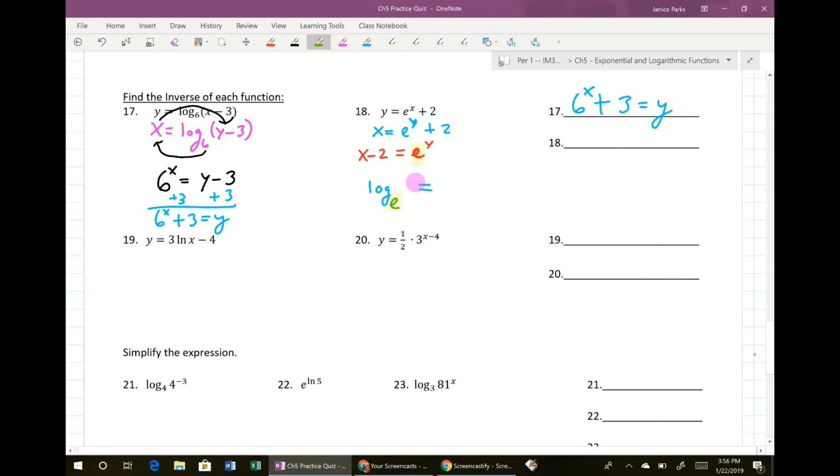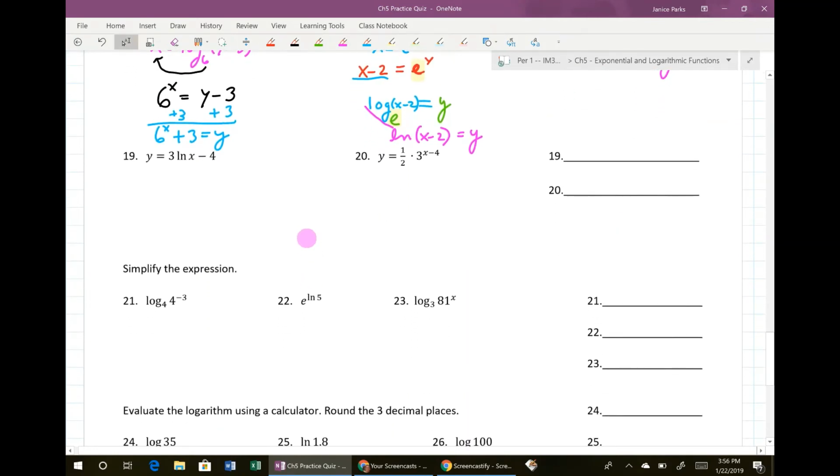The opposite side of the logarithm is the exponent, so this will be a y. That leaves only one other place for this to go, which is in front of the log, so that's x minus 2. Now, I've already solved for y, but you can't leave log base e in your problem. Log base e is the same thing as writing natural log. Any logarithm that has a base of e is a natural log. So that's ln. So natural log of x minus 2. We're taking the natural log of all of this. Don't lose the parentheses. The parentheses must be there. Is equal to y.